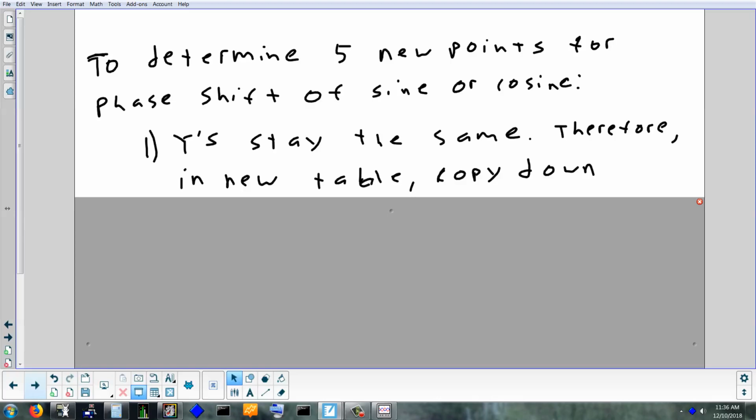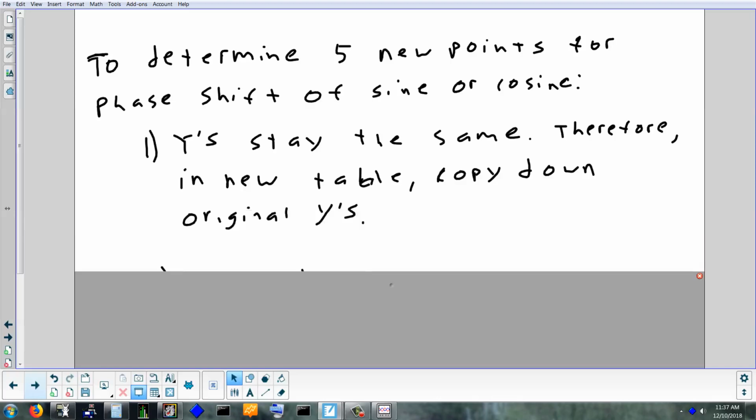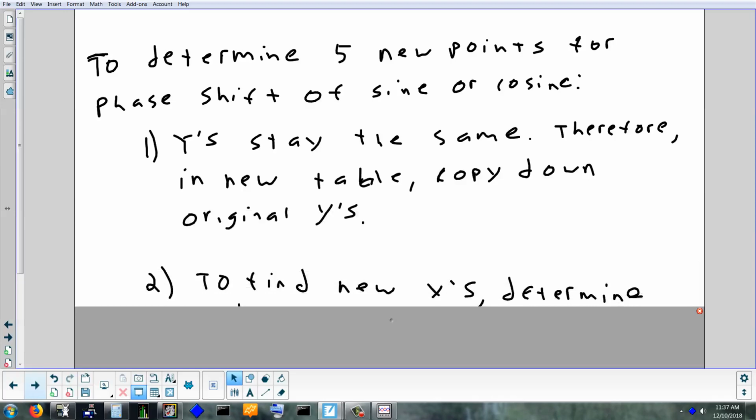Now, which table do you use? Depends on if you're doing a sine or a cosine problem. So if the y's are going to stay the same, then your x's are all going to change.